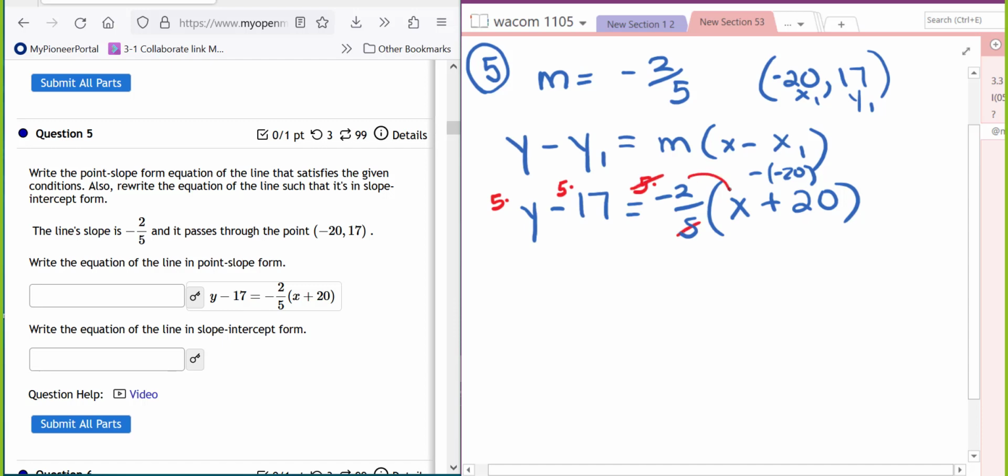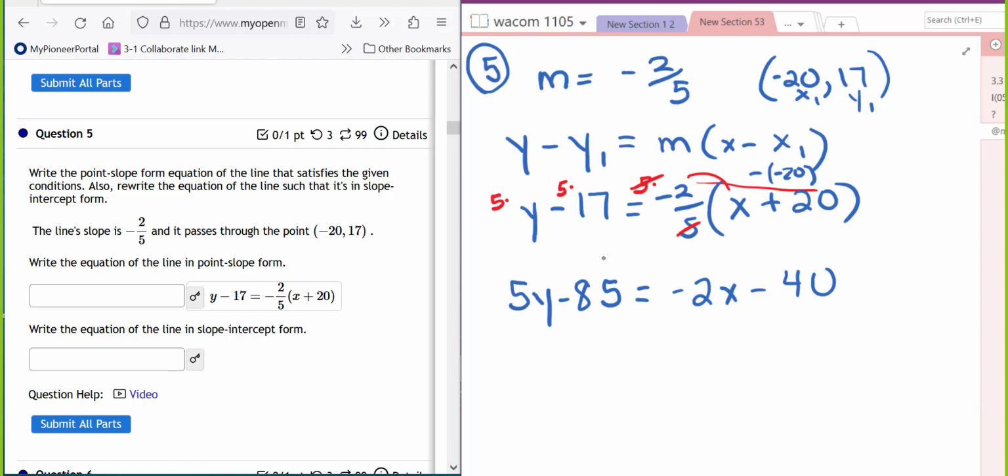So I'll just clear the fraction out. And on this side, I have -2x minus 40. And over here, I have 5y minus 85. And now I have to isolate y to get the form they asked for. They asked for slope intercept form.